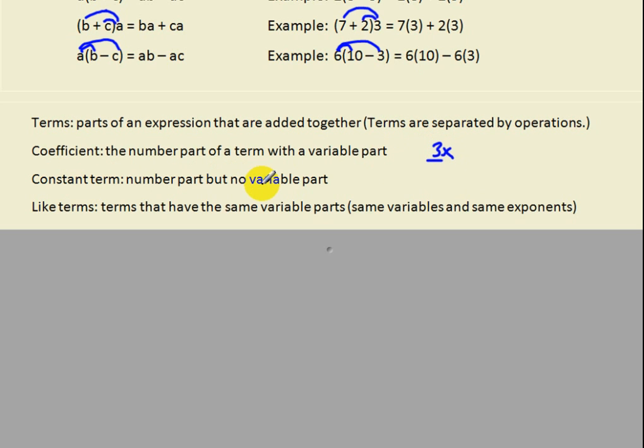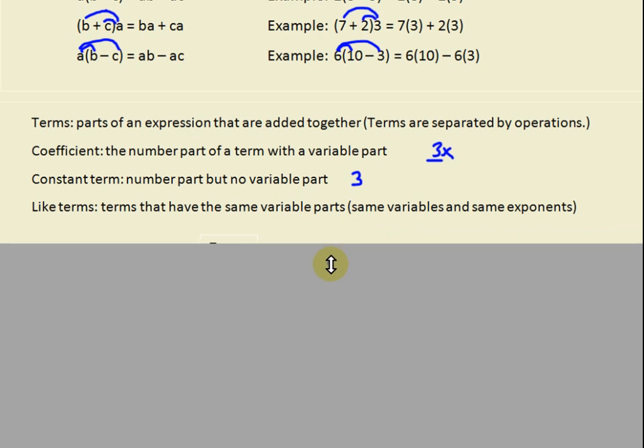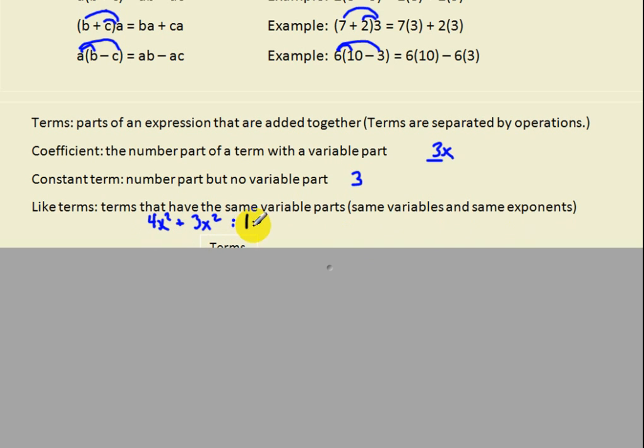A constant term is a number part that has no variable part. So for example, 3. Like terms are terms that have the same variable parts, in other words, the same variables and the same exponents. So for example, if you had 4x squared plus 3x squared, those are like terms.